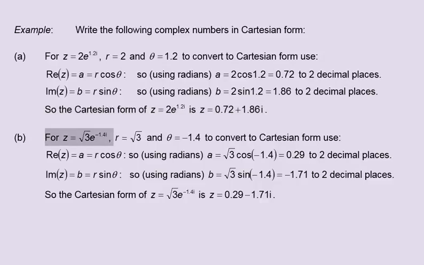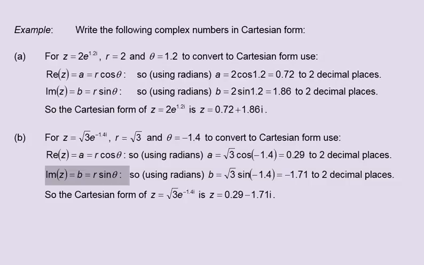B. For z equals the square root of 3 multiplied by e to the power minus 1.4i, r equals the square root of 3, and theta equals minus 1.4. To convert to Cartesian form, use the real part of z, which equals a, equals r multiplied by the cosine of theta. So, using radians, a equals the square root of 3 multiplied by the cosine of minus 1.4, which equals 0.29, to 2 decimal places.